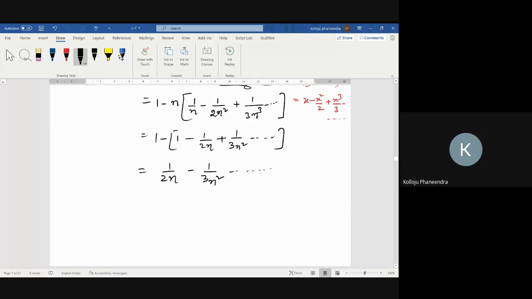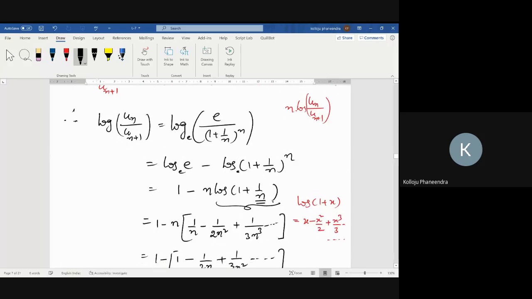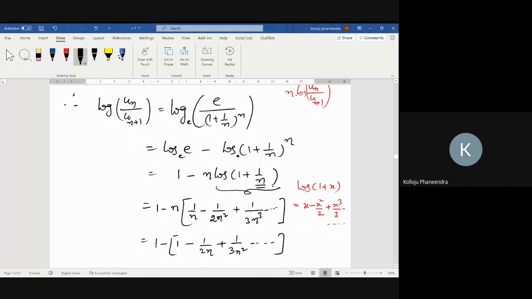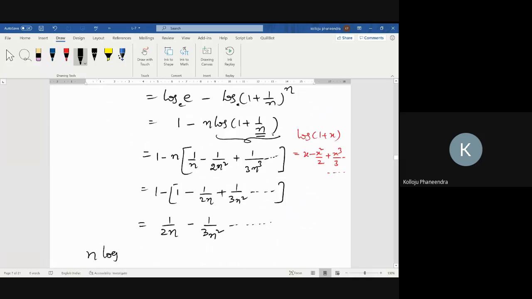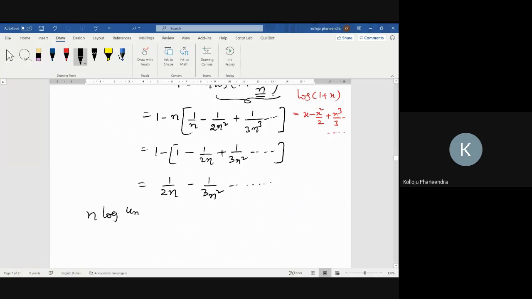Now apply the limit. Did I multiply it by n? No, not yet, so multiply by n now. n into log un by un plus 1 is equal to 1 by 2 minus 1 by 3n and so on.